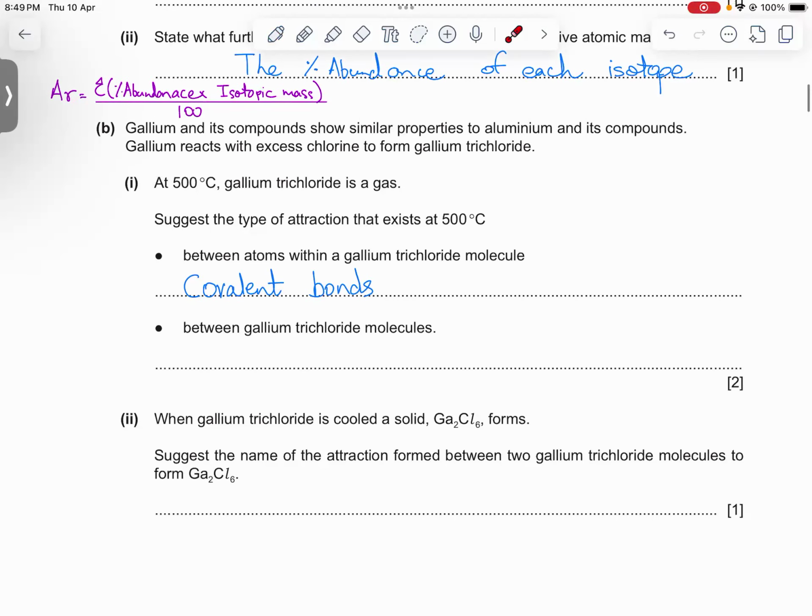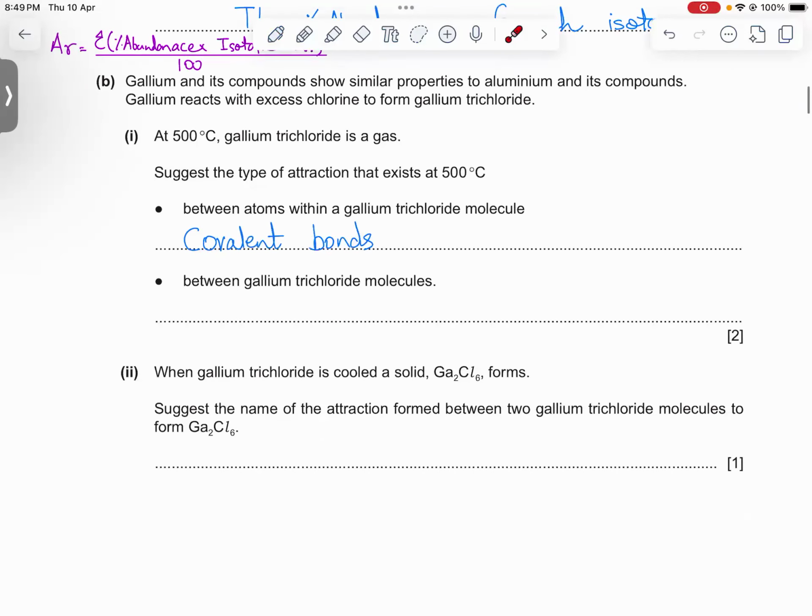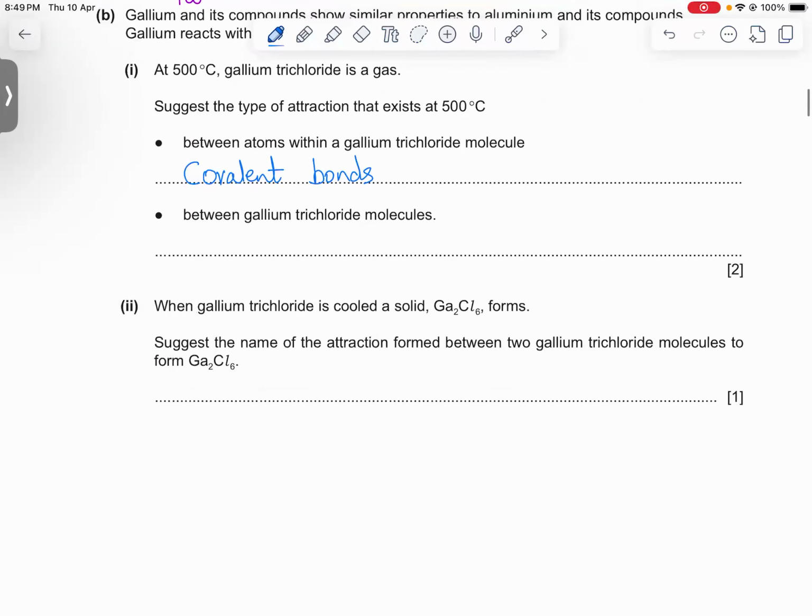Right? And what about between gallium trichloride molecules? What kind of intermolecular forces should be there? Gallium trichloride molecules, just like aluminum chloride molecules, should be dipoles, right? Because of the difference in polarity of aluminum and chlorine, there were dipoles. It was a polar compound, right? Therefore, there were induced dipole moments, and that was the intermolecular force of attraction.